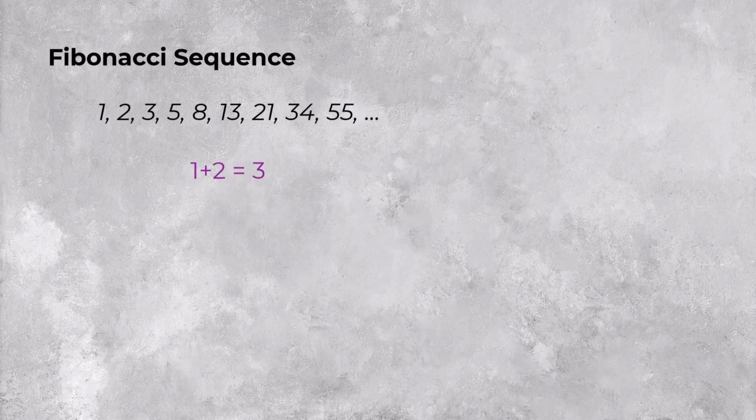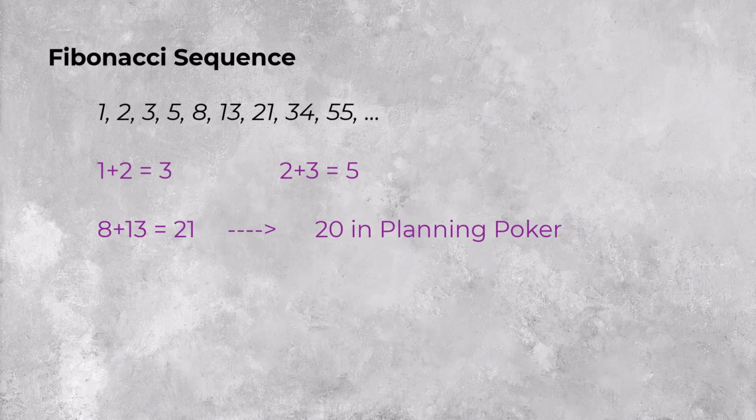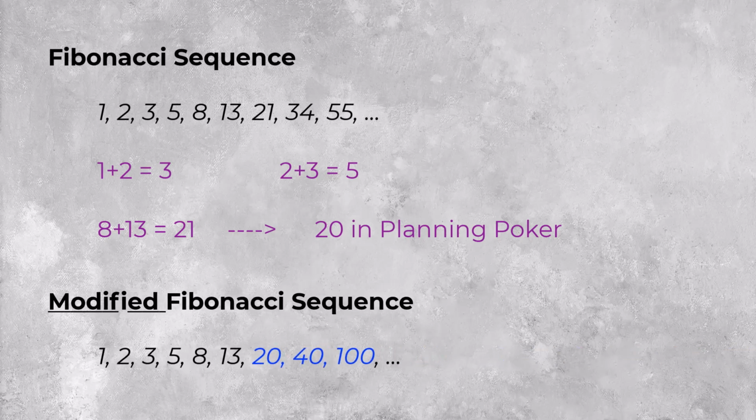Like 1 plus 2 equals 3, 2 plus 3 equals 5. But when you go to the higher numbers, you don't see the exact rule. For example, 8 plus 13 equals 21, but the next element in planning poker is 20. Because of that, it is said it is based on the modified Fibonacci sequence.